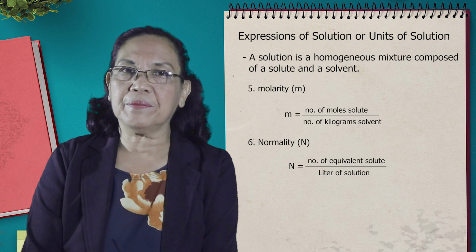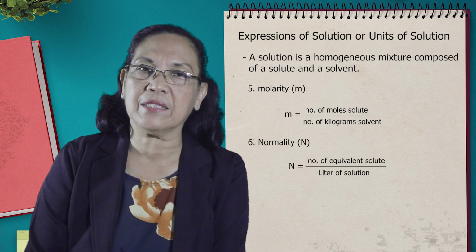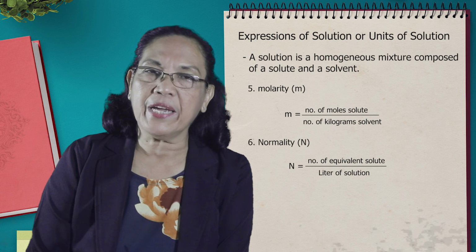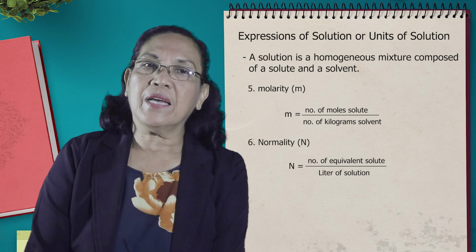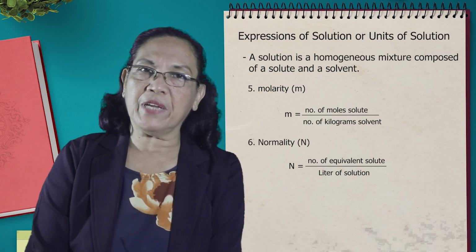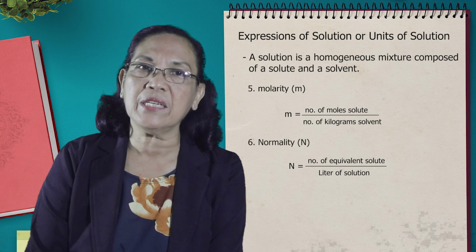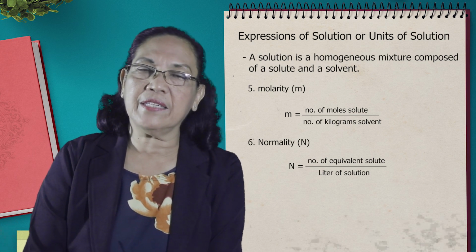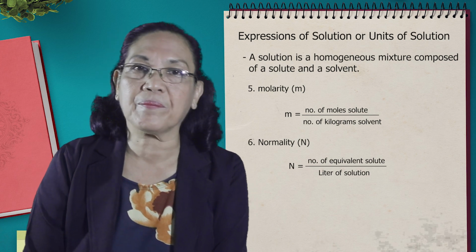For example, the salt is sodium nitrate. In sodium nitrate, the equivalent will be the molecular mass of sodium nitrate divided by 1 because there's only one positive ion in sodium nitrate, and so on and so forth.